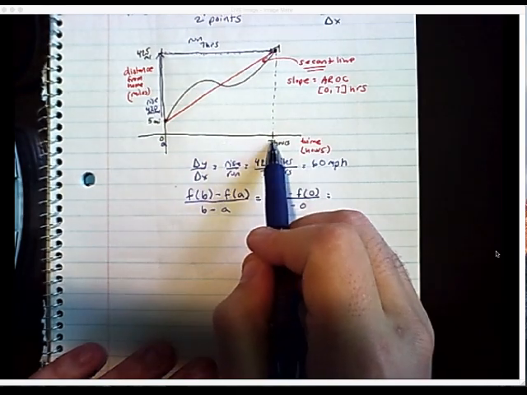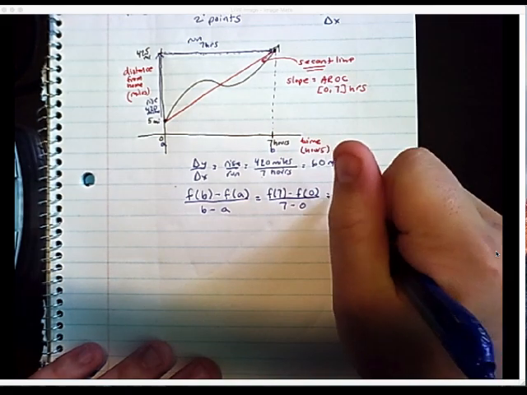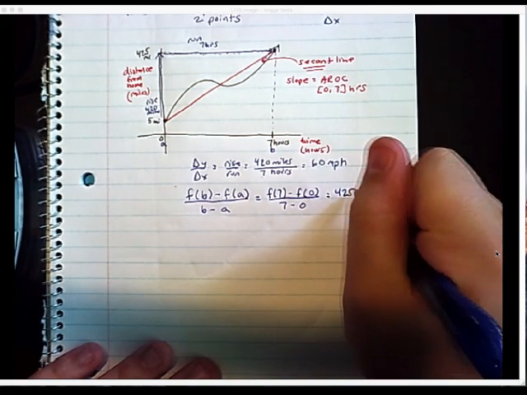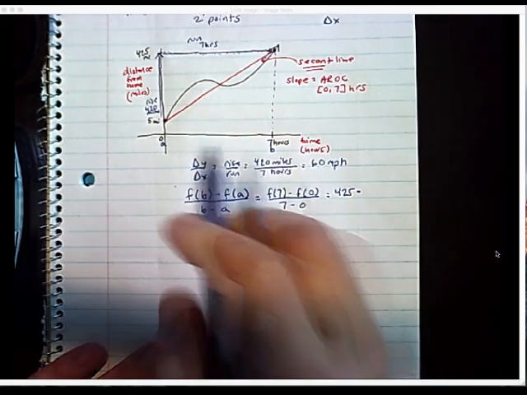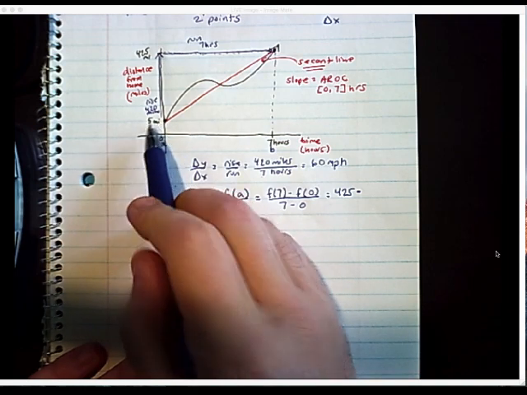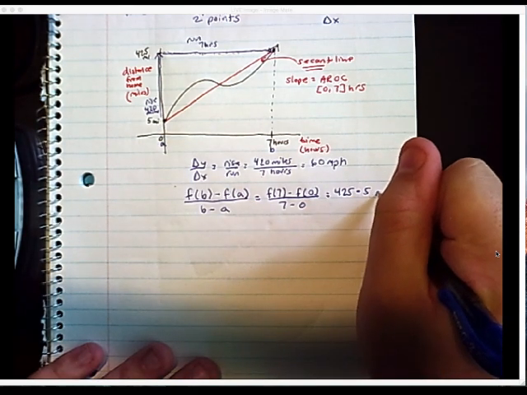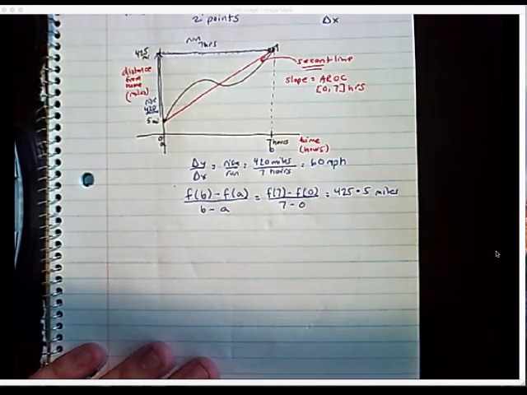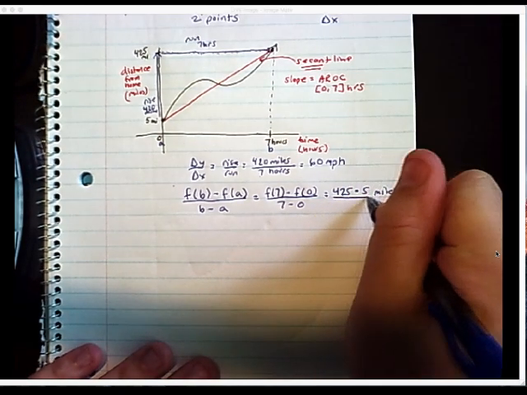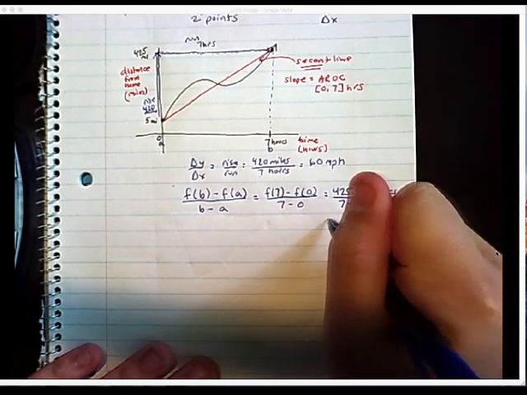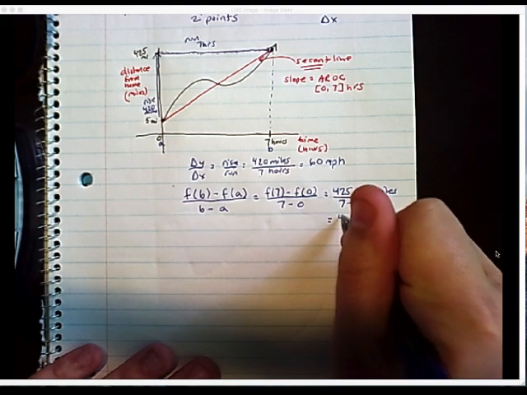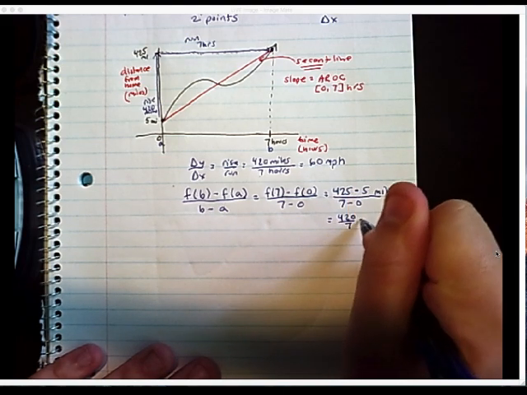At 7 hours, my position is 425. Minus, what's f of 0? What's my position at time 0? It's 5. And both of those are measured in miles. Over 7 minus 0. And if you simplify, you get 420 over 7, and you still get 60.